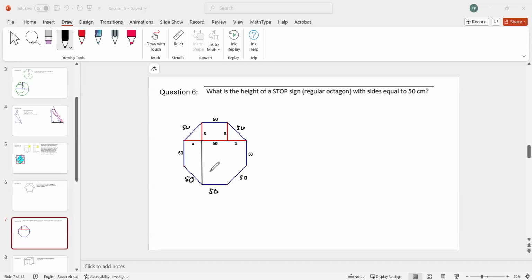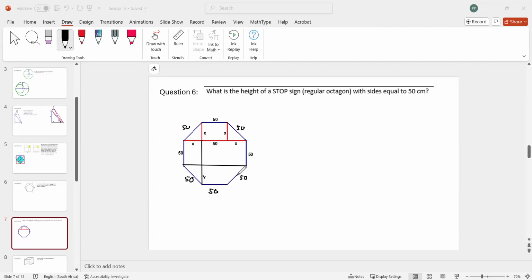Okay, now if I complete this on this side here, you'll see that we have the same picture here as you have there.